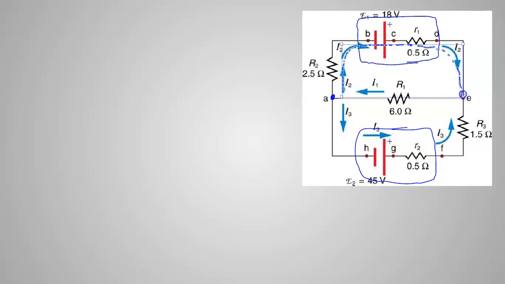Once it gets right here, it can either go straight down or it can go to the left. All right, but if you get on this train track, you got to ride it all the way to the end right there.